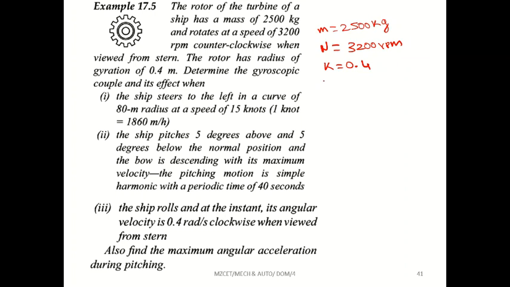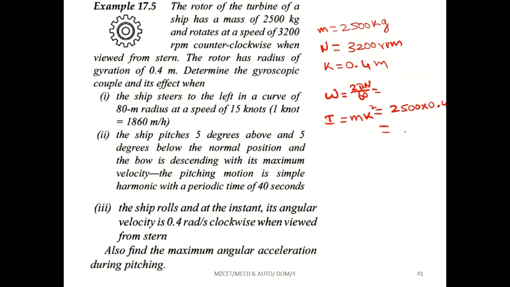Let us find the basic things. Omega equals 2 pi N by 60. Find the value. Then I equals m k square, 2500 into 0.4, that you have to find.